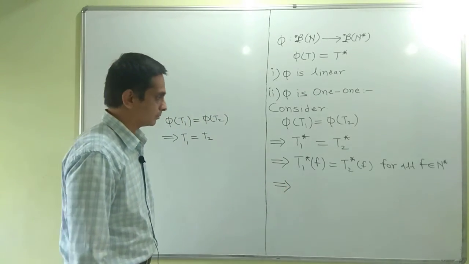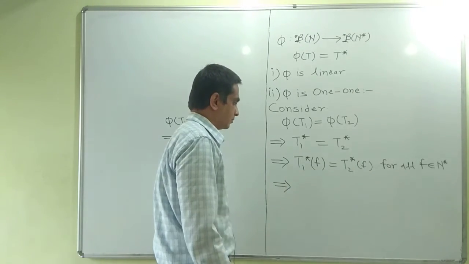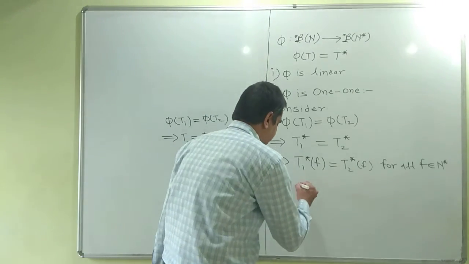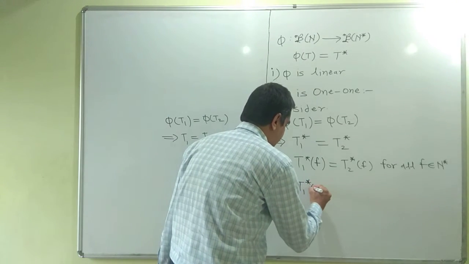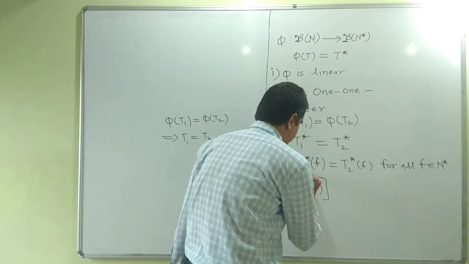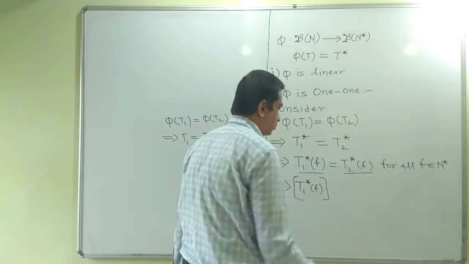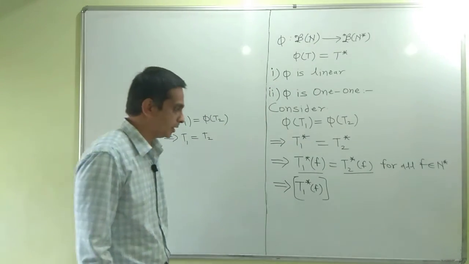By definition of T1 star of f, let me add one more step before I simplify this. Since this function is equal to this function, they have the same values at all points.